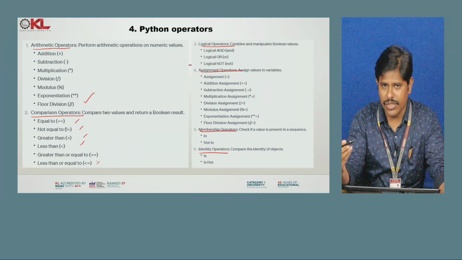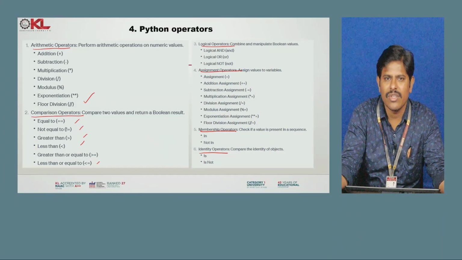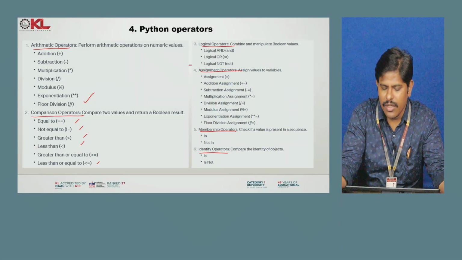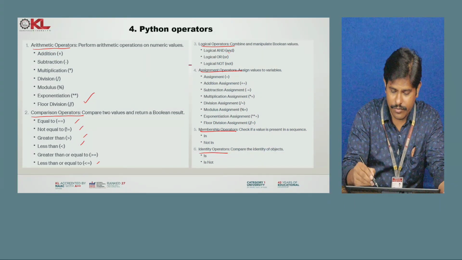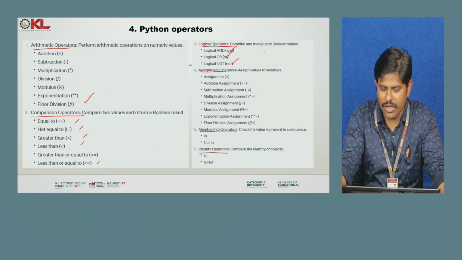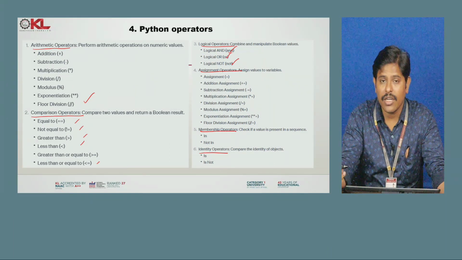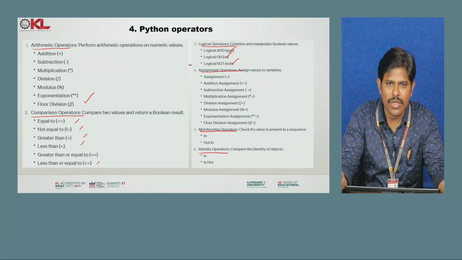And logical operators. When you study semiconductor devices, we talk about logical gates, right? In the same way, there are logical operators: and, or, not. 3 different kinds of logical operators are there. And the fourth kind of operators we call assignment operators. That means assigning something to something here.